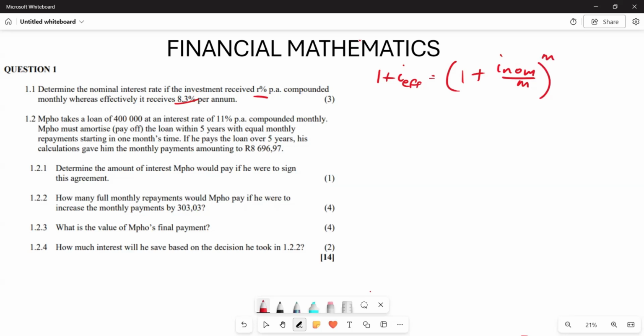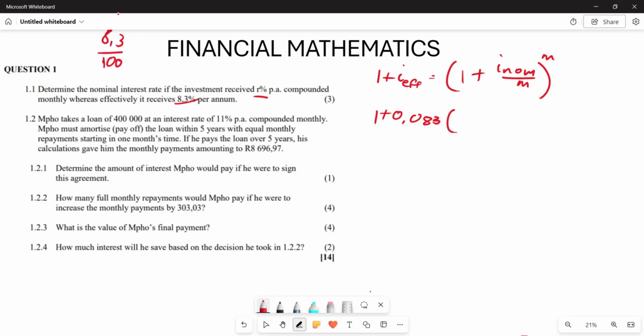Now, what is it that you're going to do from here? They gave us the effective rate, which is 8.3%. And 8.3% is the same as 1 plus 0.083, remember 8.3% is the same as 8.3 divided by 100.